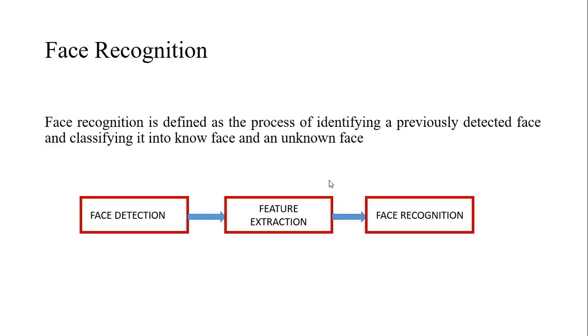Now, when that image is fed to the face detection block, it is able to identify that the image has a face. Secondly, that identified image is passed on to the feature extraction stage, wherein the essential features from the image are taken and the non-essential features are discarded. By non-essential features, I mean the features that are more or less redundant. Now, I'm talking at pixel level.